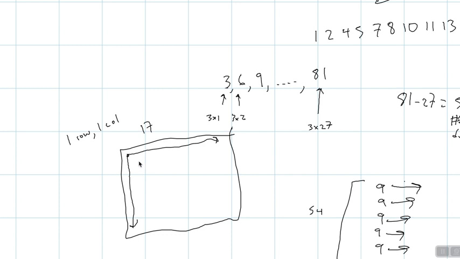And then if we go here and consider this row and column, we're using 2 of the numbers that we've already used before. So one row, one column for the second time, we've used 16 numbers.